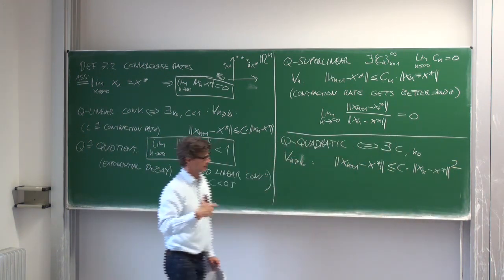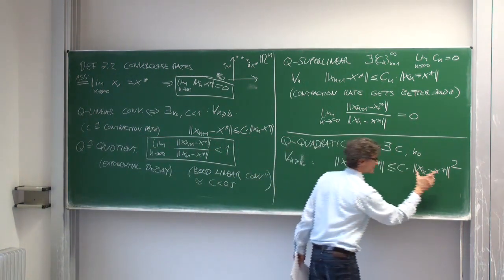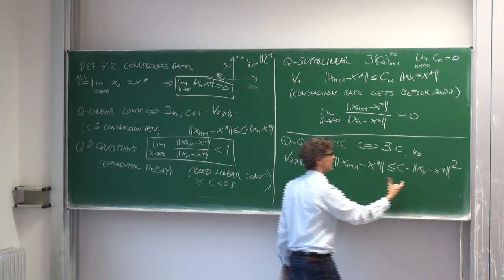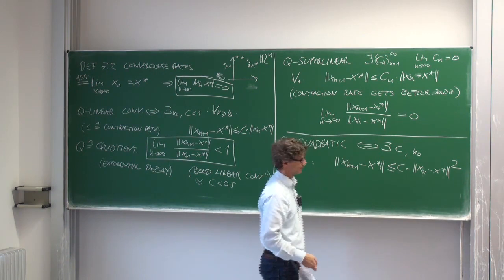And this square makes it different, and it means in particular if this is already very small, the next time the distance will become even smaller.